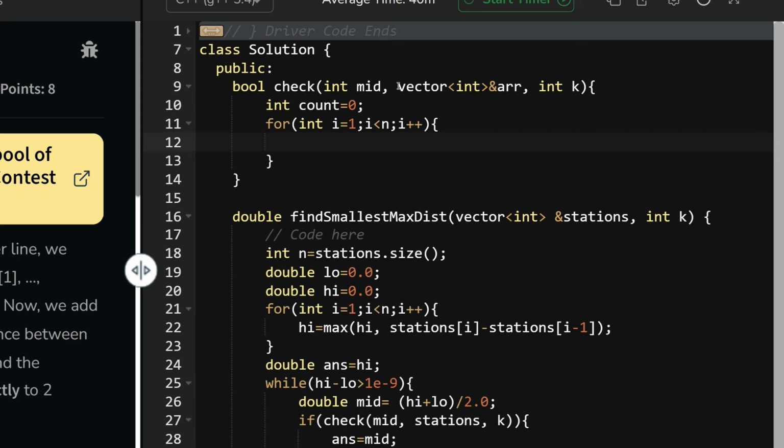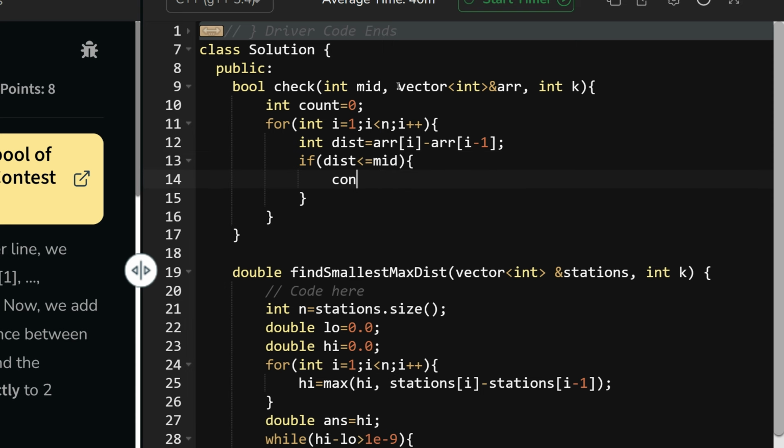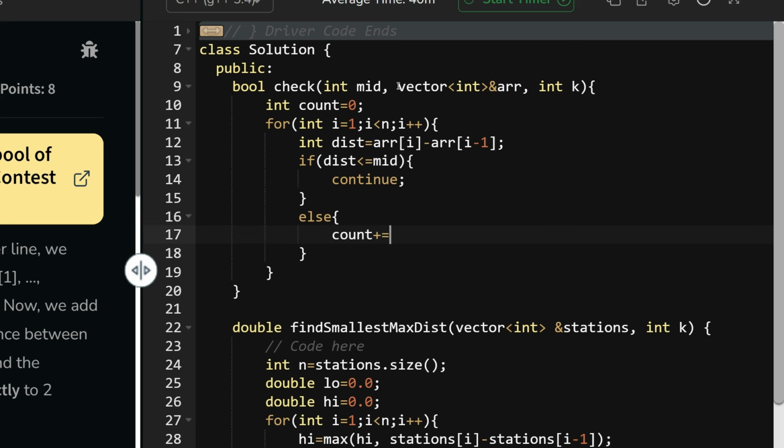I will say my distance is equal to array of i minus array of i minus 1, correct? Now if distance is less than or equal to mid, that is, I don't want to insert any station, in that case simply continue, else count plus equals difference by mid.